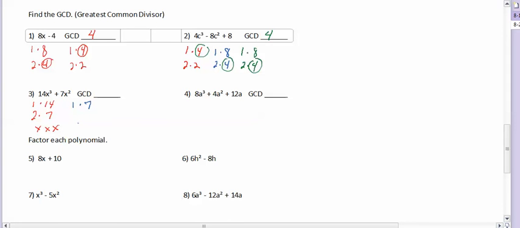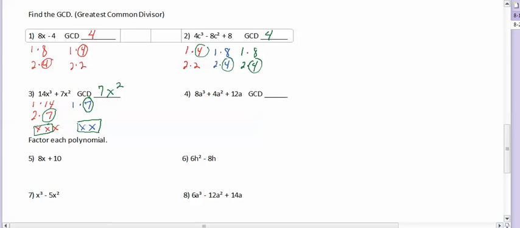The other term has 2 x's. So what do they have in common? The greatest number they have in common is a 7, because they both have 7s, so we're going to write that down. And this one has 2 x's. It actually has 3, but they have 2 x's here and 2 x's there, so they both have x to the second in common. So that's the greatest common divisor for number 3.